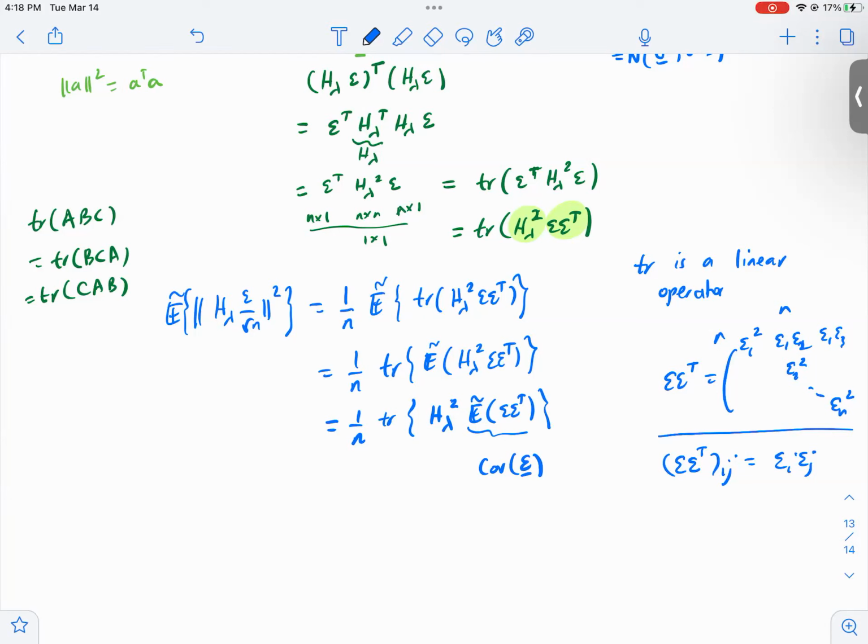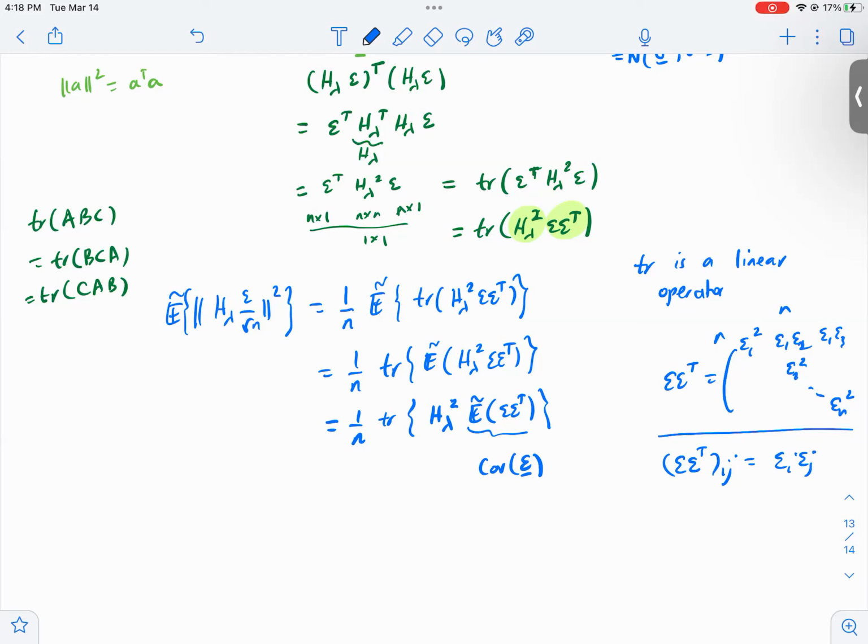The diagonal would be the expectation of epsilon 1 squared, which is the variance of epsilon 1 because the mean is 0. And the expectation of epsilon 1 epsilon 2 would be the covariance of epsilon 1 and epsilon 2, because again the mean is 0. So it's a matrix whose diagonal elements are the variances of the coordinates and whose off-diagonal elements are the pairwise covariances.